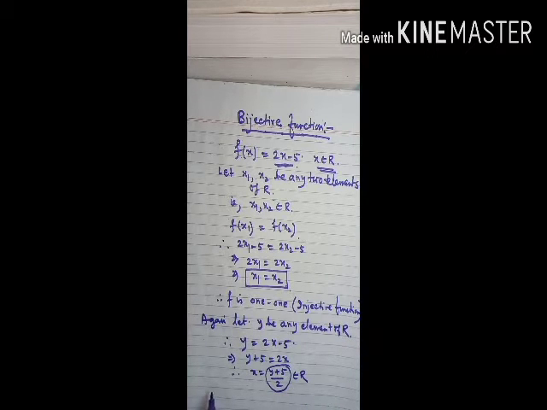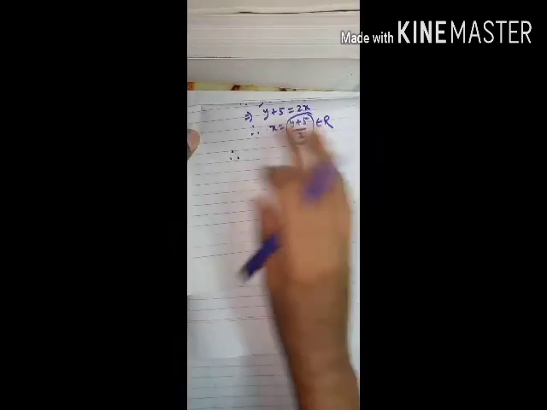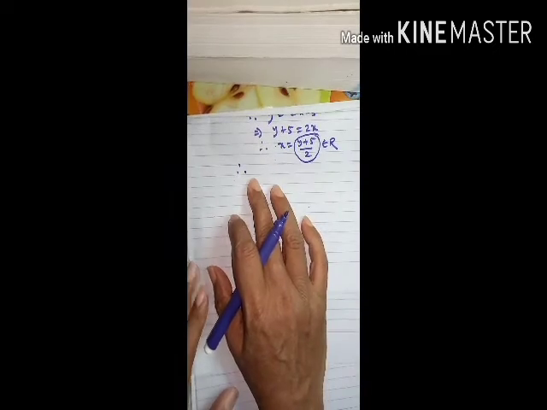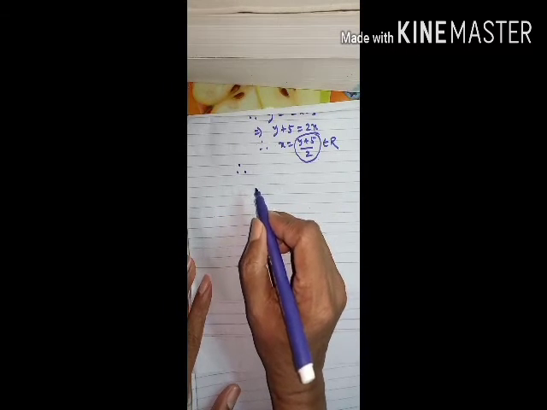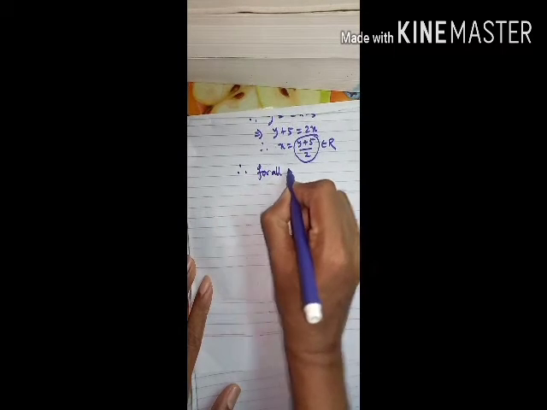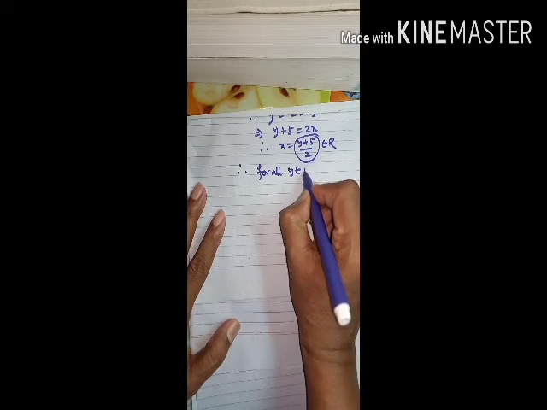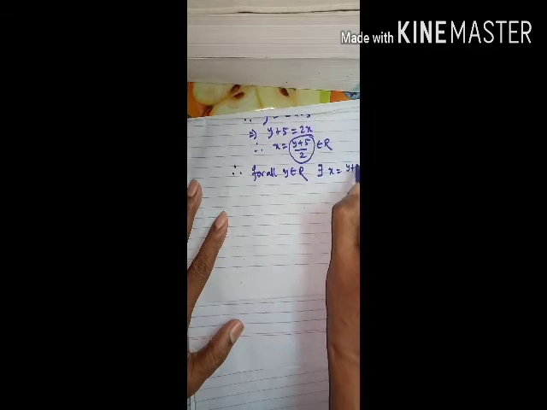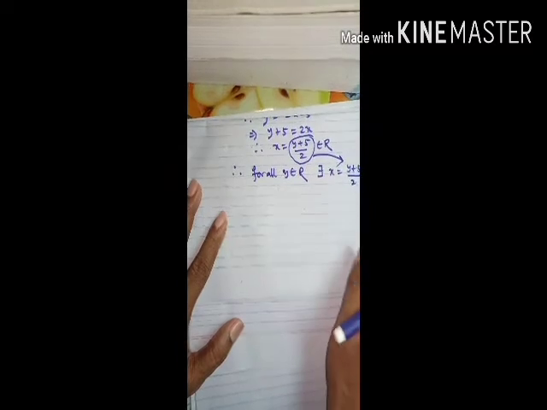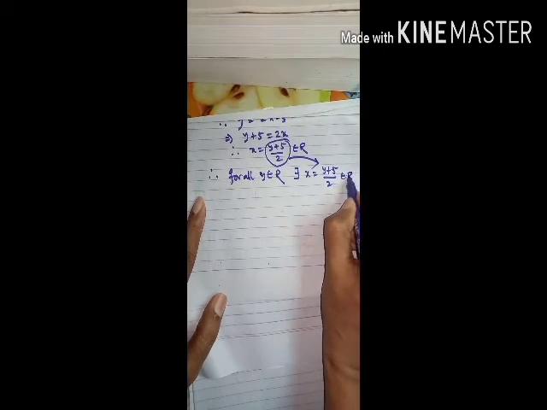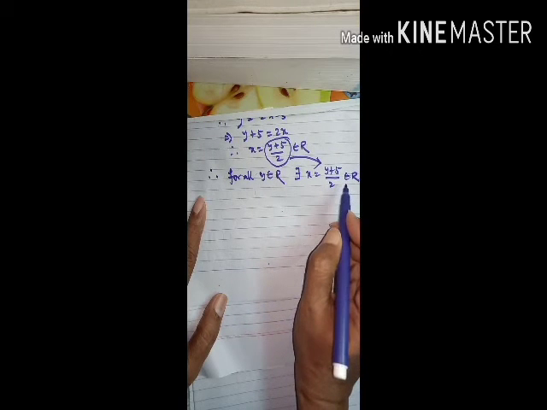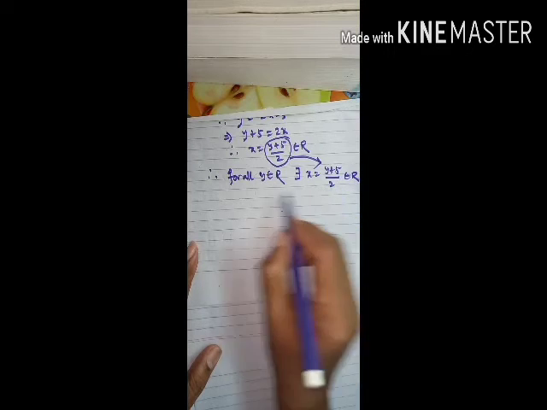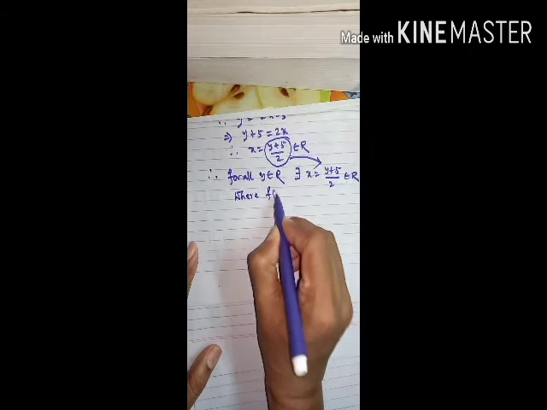So you have to write, for all y belongs to R, there exists x equal to (y plus 5) by 2, this value, whatever you have got, which also belongs to R, where f of x equal to y.